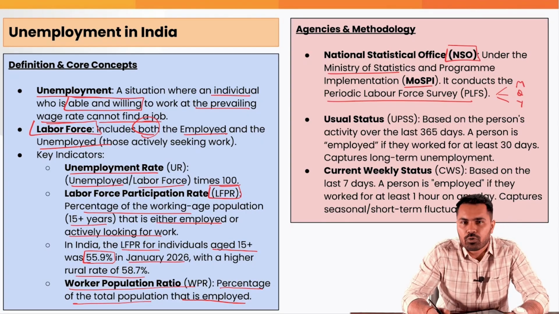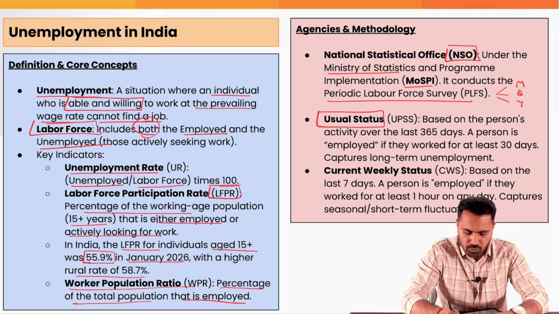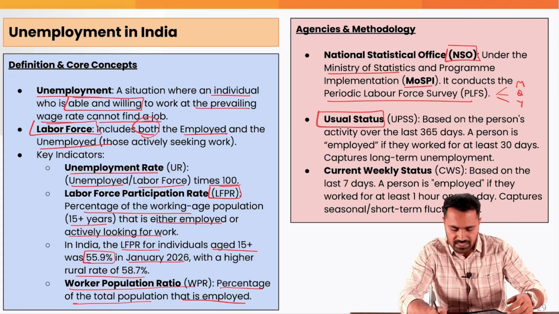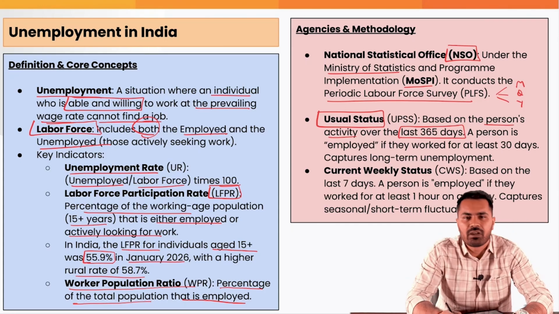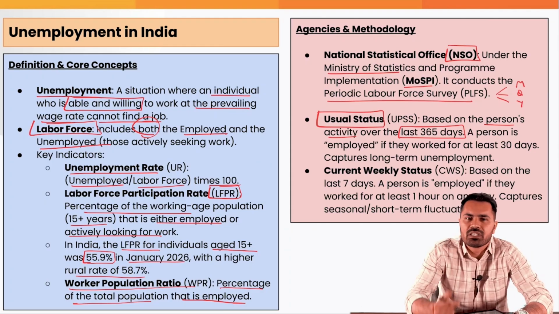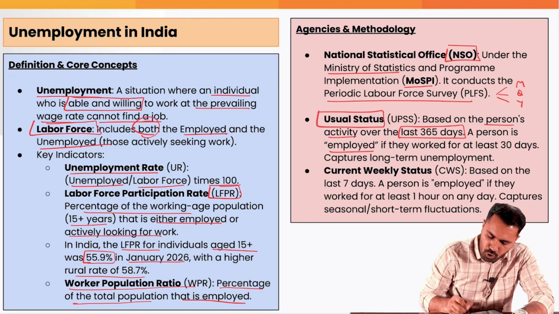Now how it is calculated: there are basically two methods used for calculation. First is your usual status, or the usual principal and subsidiary status, based on the person's activity over the last 365 days. That means 1 year is the reference period in this method.